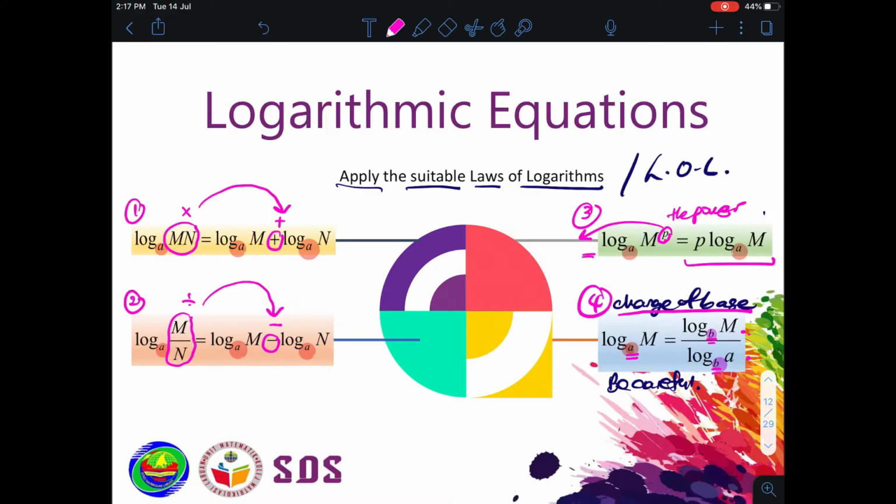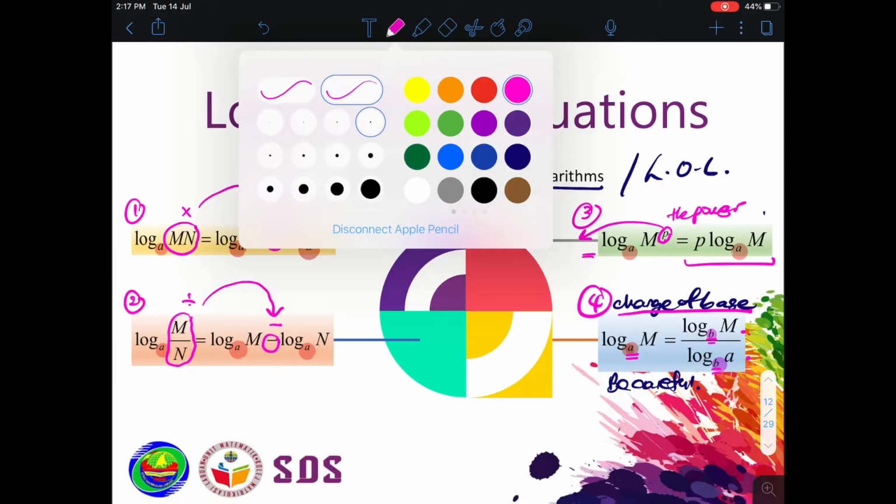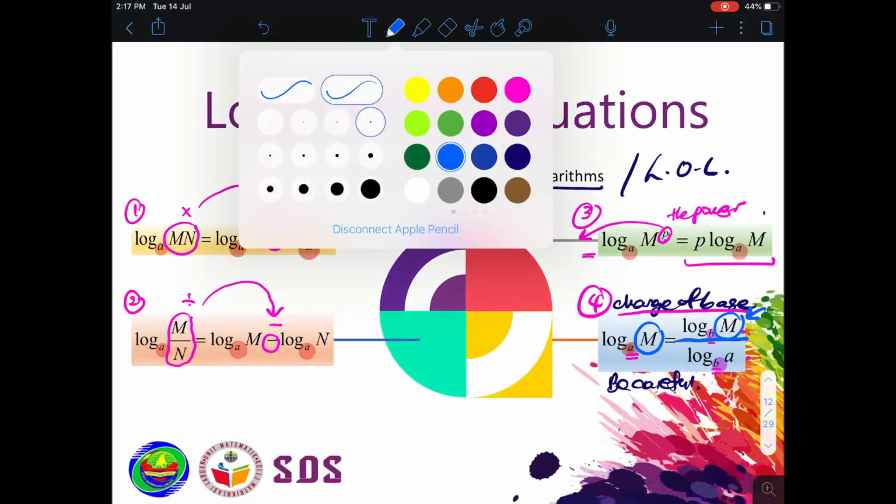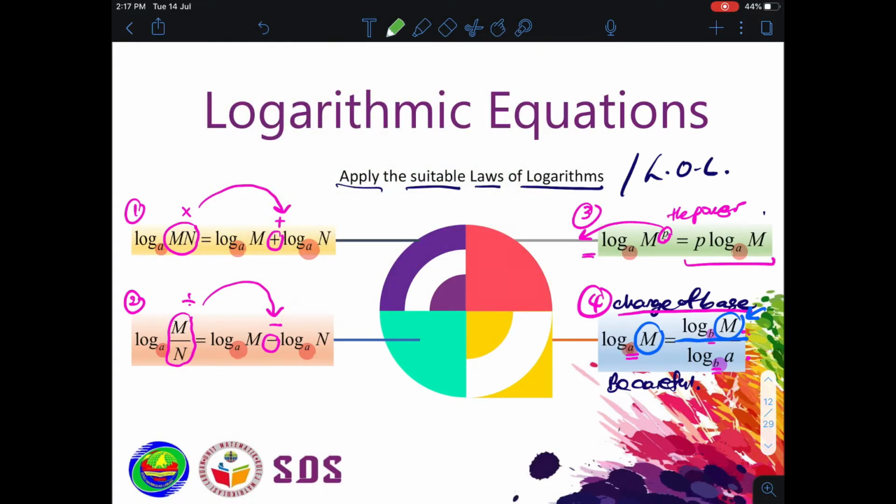After you change the base, don't forget to bring this m to the top part, and also don't forget to bring the small letter a that you have replaced with b to the bottom part. That is how easy it is to remember the 4 laws of logarithm.